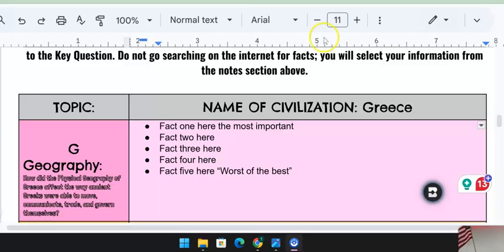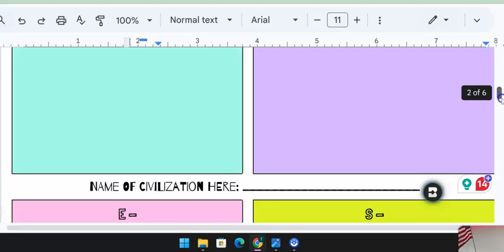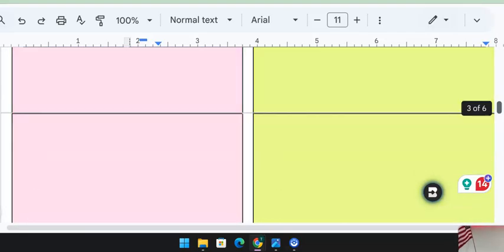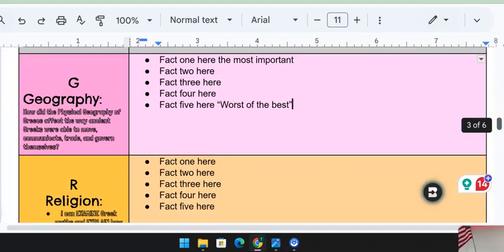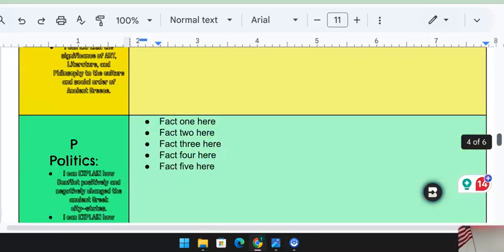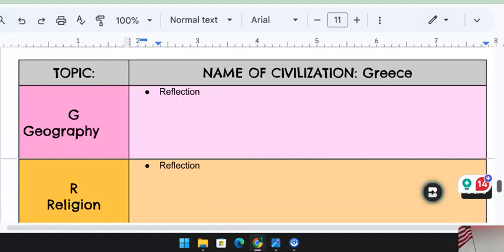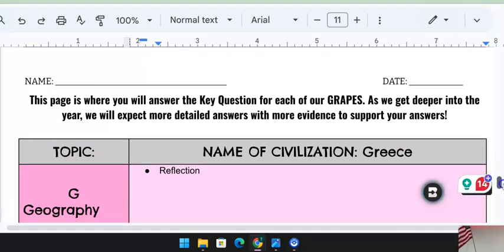We have identified a bunch of different facts about the physical geography of Greece, right? You have taken those facts and you have picked your top 5 that you think can help you answer the question. Please scroll down to the 3rd section. It's this one where it says reflection.